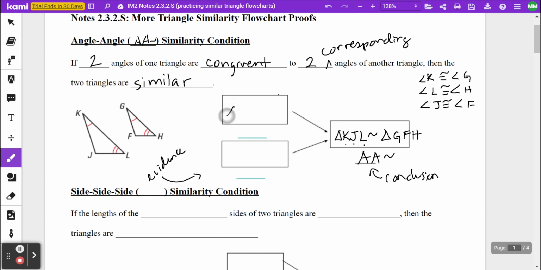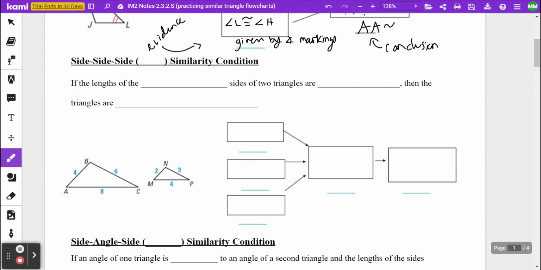So angle K is congruent to angle G. That's given by angle markings. And angle L is congruent to angle H. That's also given by angle markings.